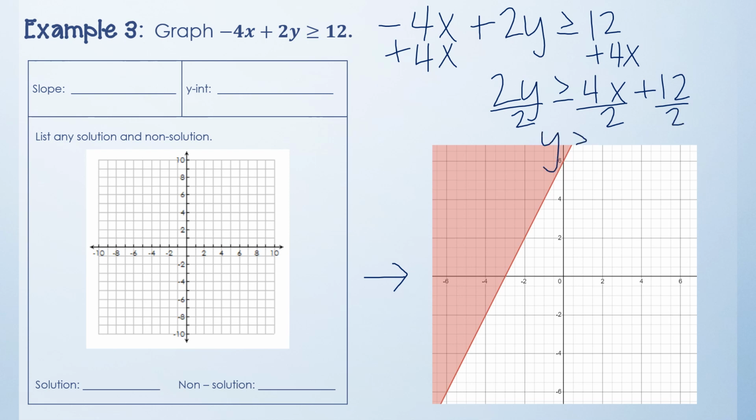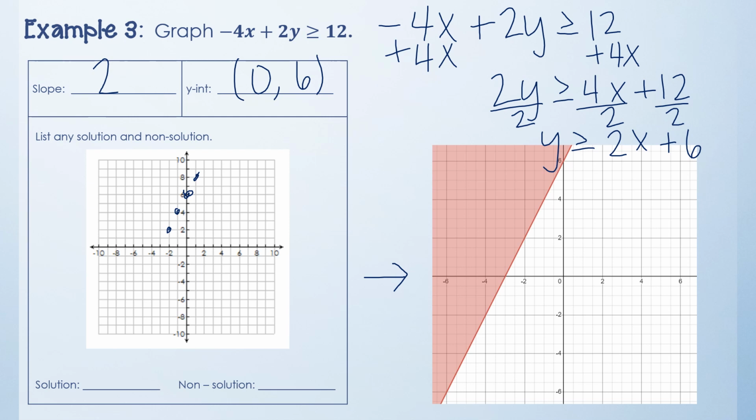And then I would divide everything by 2 so that I have y by itself. So y is greater than or equal to 4 divided by 2 is 2, and 12 divided by 2 is 6. Then I have my y-intercept is at 6, and my slope is 2. So I would start at 6, which matches up with what is on the Desmos graph. And then if my slope is 2, I can either go up 2 over 1, or I can go down 2 and then left 1.